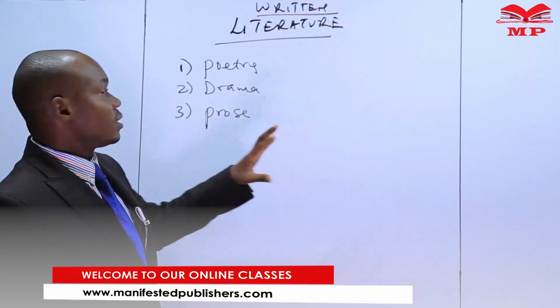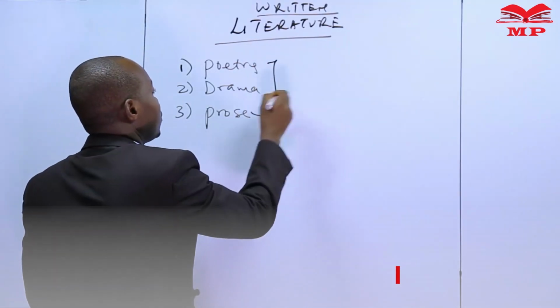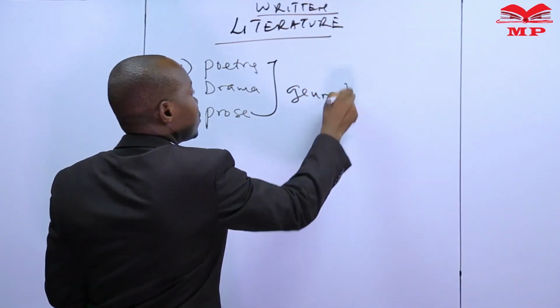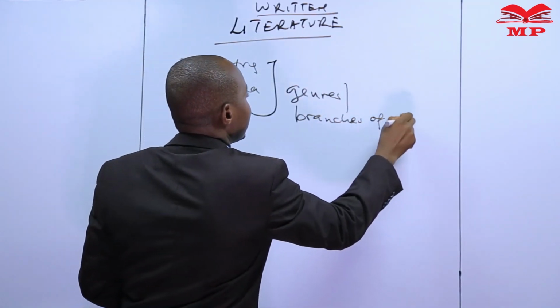So for you to understand these three genres, they are called genres or branches of written literature.